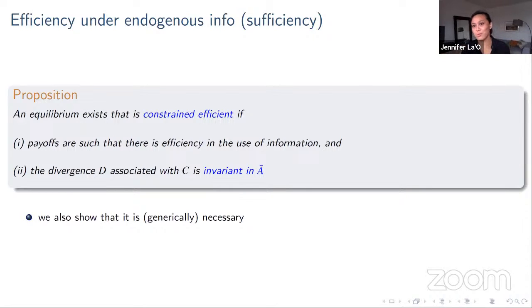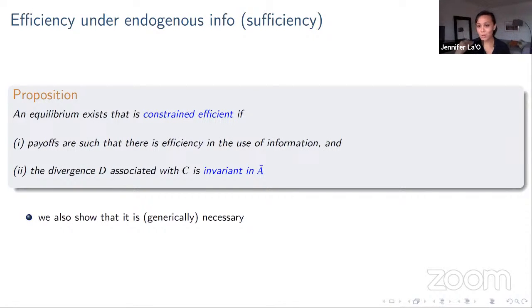So what we want to do is take all of those away, basically externalities that might come from payoffs, which means that we want to make sure that agents, if they're just given information structures exogenously, are doing what the planner would want them to do. So we provide a sufficient and necessary condition on payoffs such that there's efficiency in the use of information, so that we get rid of all those other possible externalities.